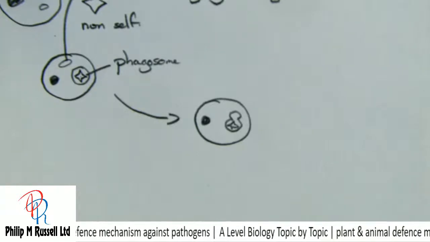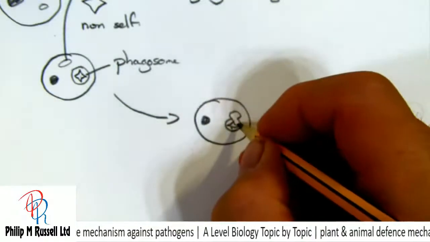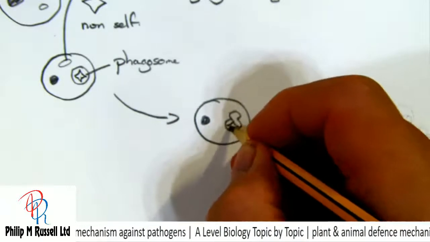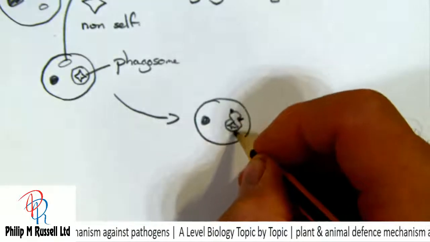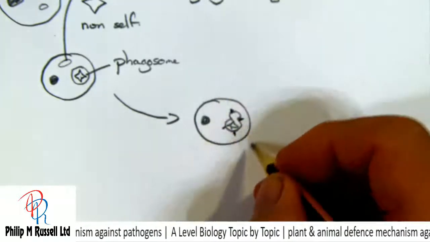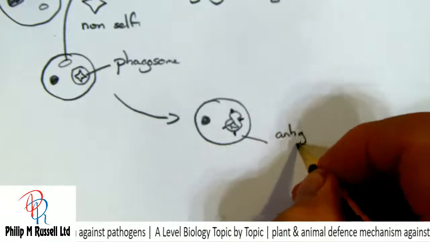Now, what the body tends to try and do is take any antigens on here and present these antigens on the surface.